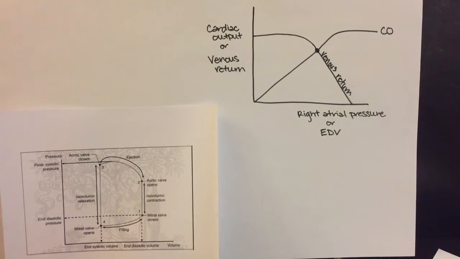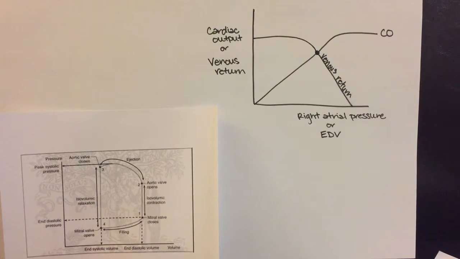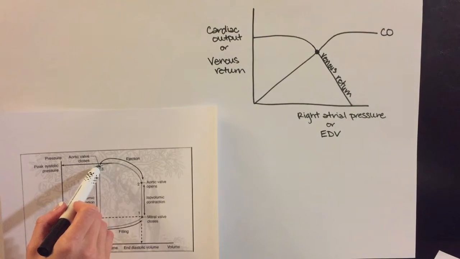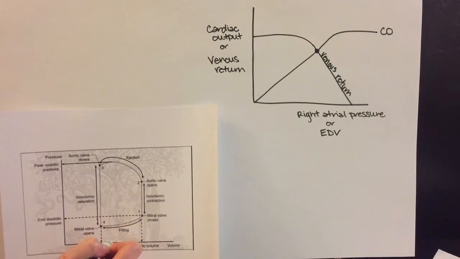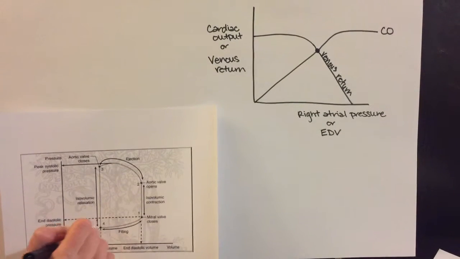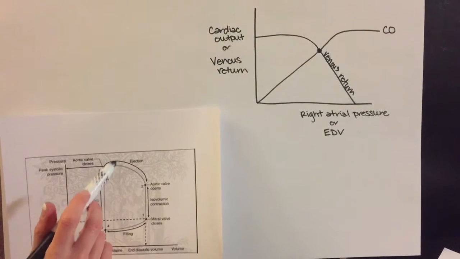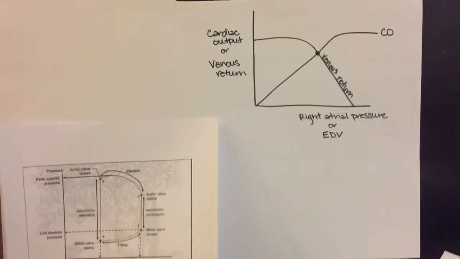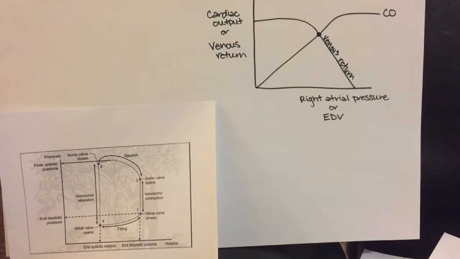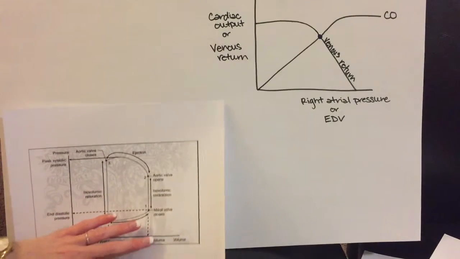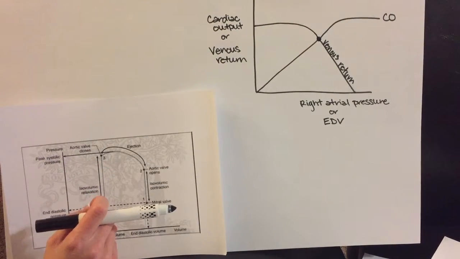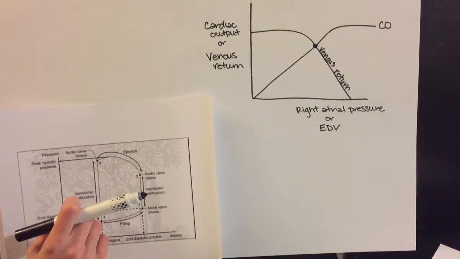This is why stroke volume or cardiac output can be seen to be related to our right atrial pressure or end diastolic volume. This is why we consider this our preload. At any given right atrial pressure or end diastolic volume, stroke volume can be manipulated by inotropic effect, which is under intrinsic cardiac control.